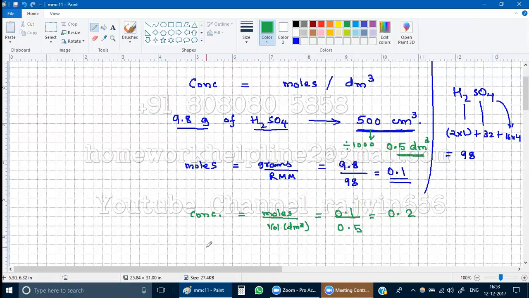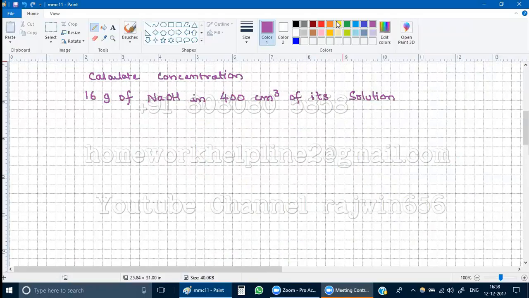So the final answer is that the concentration of this solution of sulfuric acid is 0.2 moles per dm cube, which is also written as 0.2 capital M. Let's take down this example and then we are going to take several examples.